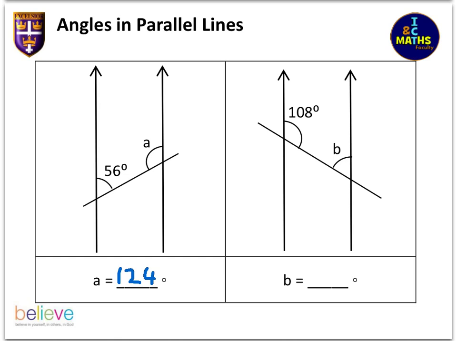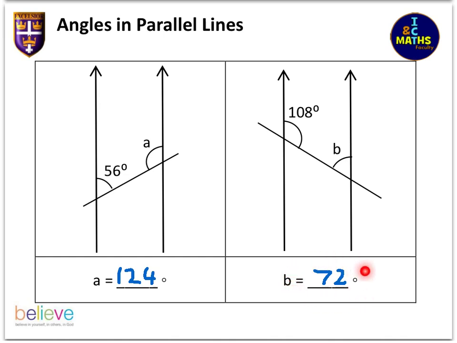Okay, if you have a look at this second example, still we've got allied angles. I've got my obtuse one here labelled as 108, and this acute one, again, inside the parallel lines on the same side of the diagonal. This one, B, must add together with 108 to make 180. So in the end, that forces B to be 72 degrees.